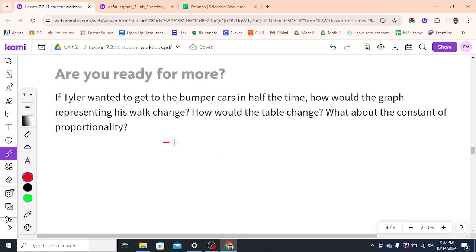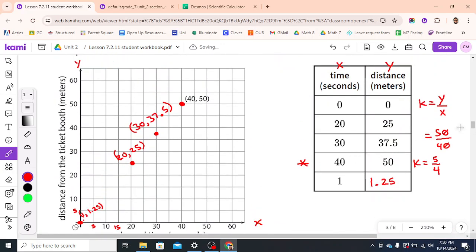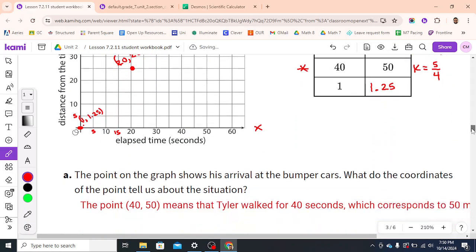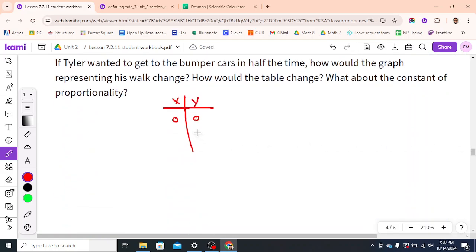All right, so let's make a quick data table again. X and Y. We know (0, 0) is the starting point. Now remember the end here is represented as (40, 50). So the distance is still 50.